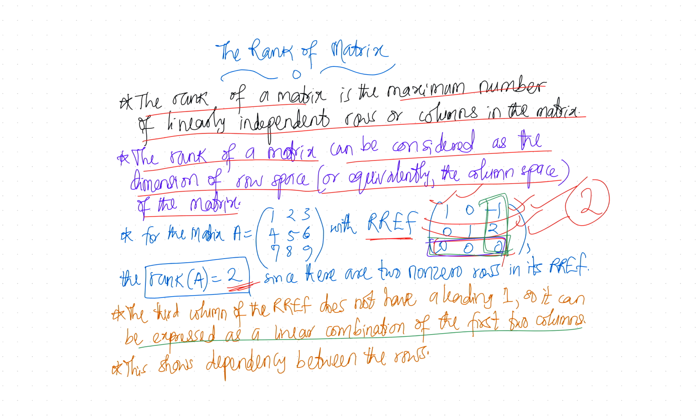So this -1, 2 can be expressed as a combination of these 2. And I think that makes a lot of sense, right? Let me attempt to do that so you can get the gist.